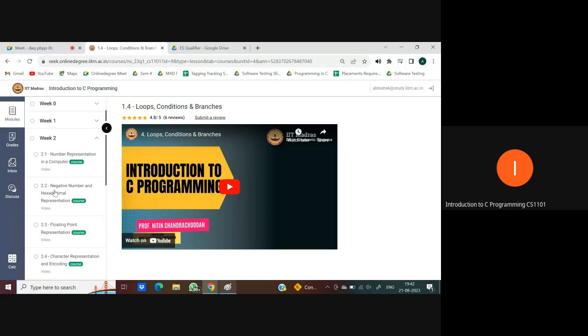One was for decimal to binary, another for hexadecimal to binary, and another was based on 2's complement notation. So these 2 or 3 questions I would say are very important. Please go through that entire session and be thorough with what the approach should be in case you want to go from one system to another.